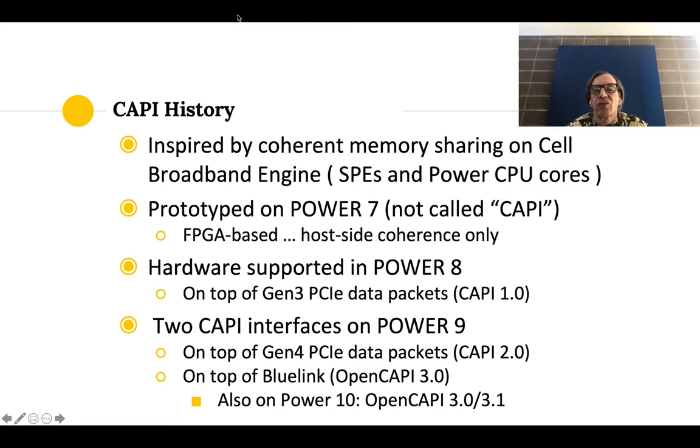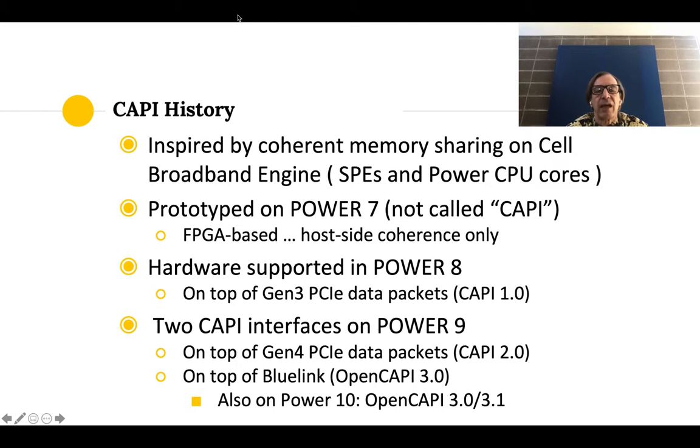There was a prototype on Power 7, which was not called CAPI, where an FPGA was placed on the front side bus, and there were actually two FPGAs, one of which provided the address translation, and a second FPGA where the application accelerator would be placed.